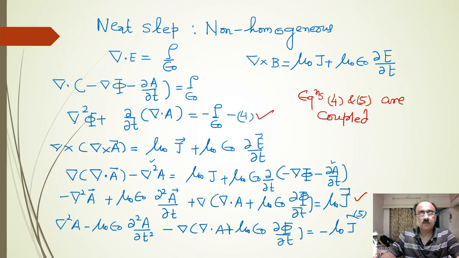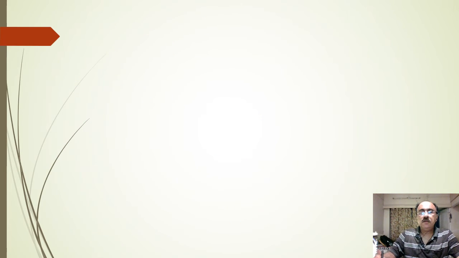When we wrote the homogeneous equations, we got B as curl of A and E as minus gradient of phi minus del A by del t. The other two non-homogeneous equations give the equations number 4 and 5. So if we now look at equations 4 and 5, they are coupled equations.